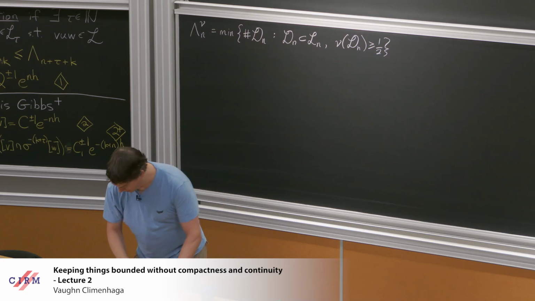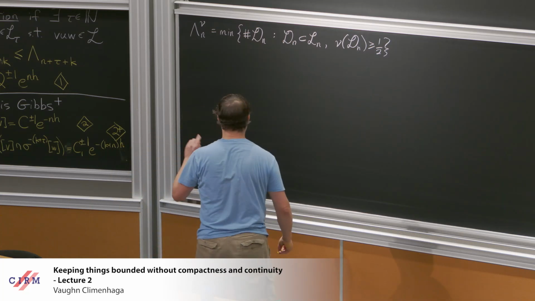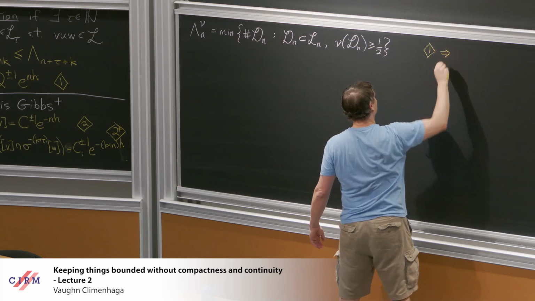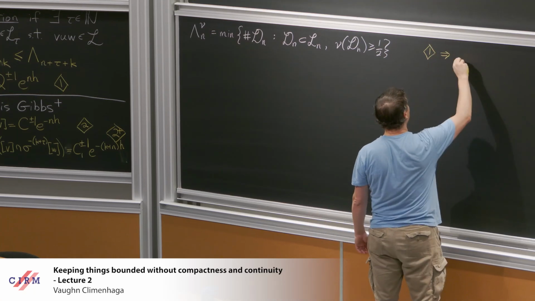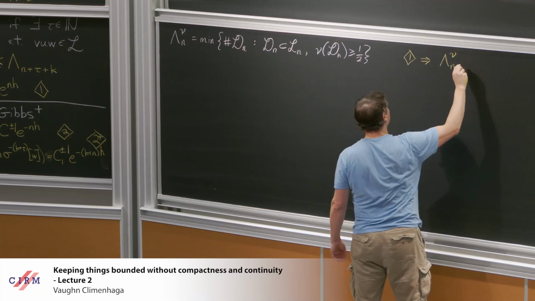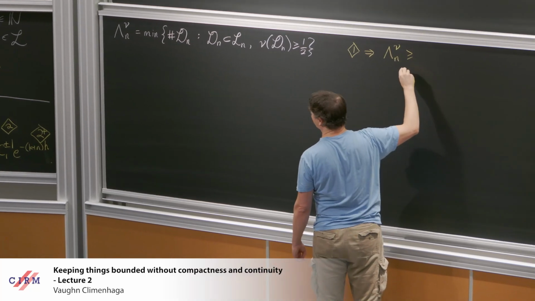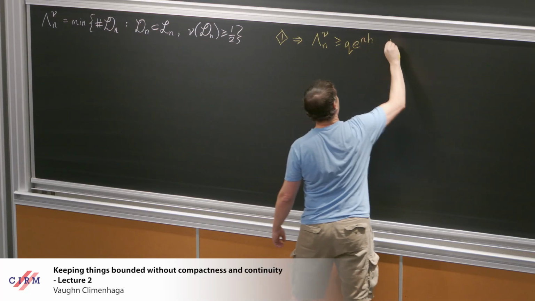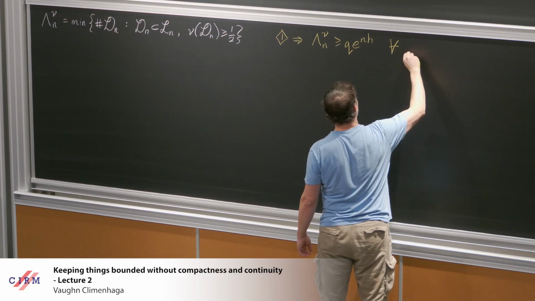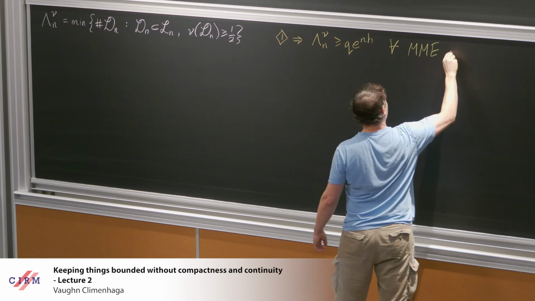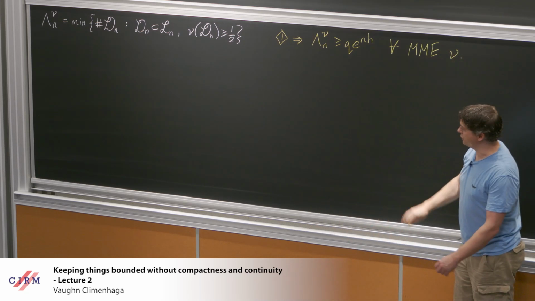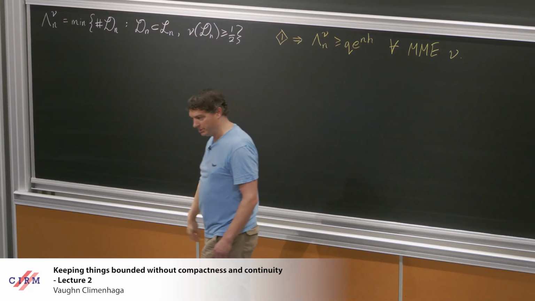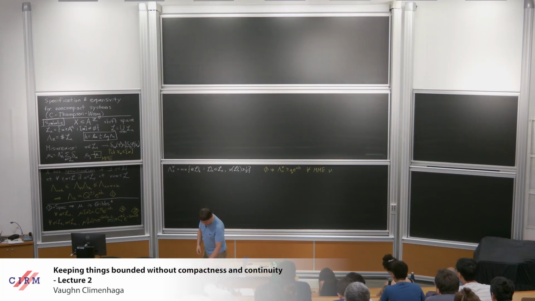And using property 1, one can prove that, in fact, lambda n mu is greater than or equal to some constant times e to the nh for all measures of maximal entropy. Actually, you don't need it to be ergodic. So whether or not it is ergodic, if you have an invariant measure of maximal entropy, it satisfies this property.